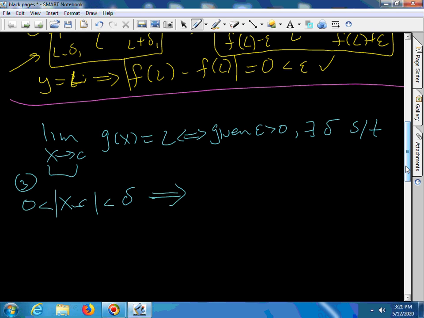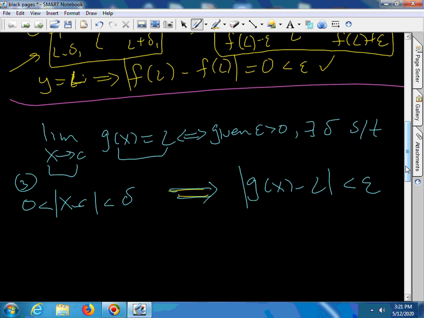Whenever that's true, then the absolute value of g of x minus L is less than epsilon.